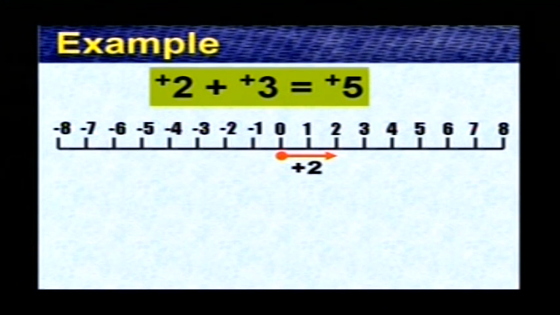What is our second integer? Our second integer is positive 3. Now, this time, where does the arrow start? It begins at positive 2 and then where does it end? Positive 5.